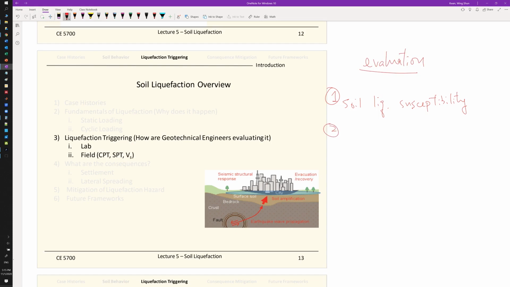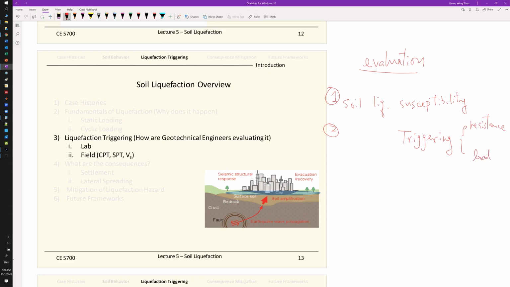So if the soil is susceptible to soil liquefaction, then we will look at the triggering. What it takes, how much loading it takes for the soil to liquefy. So you can think of this part as comparing the resistance, the soil resistance to liquefaction, and the loading.